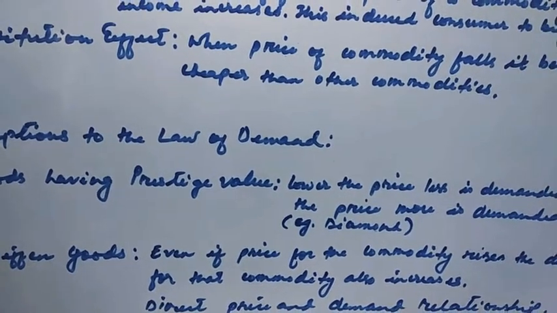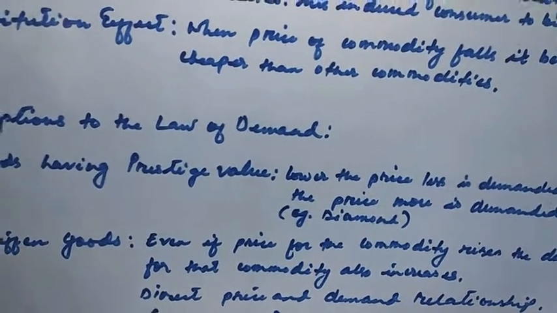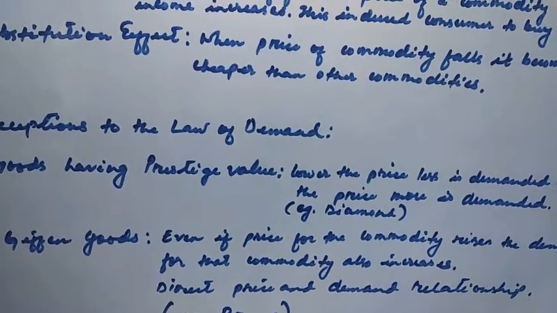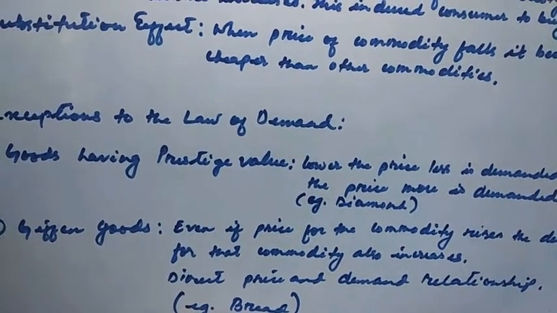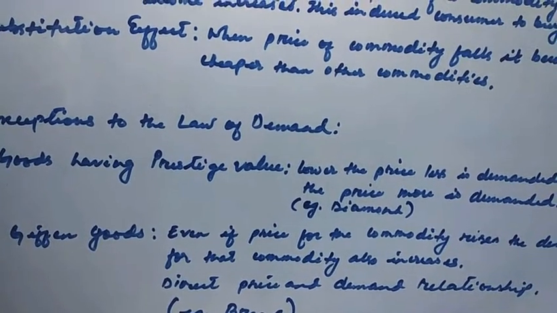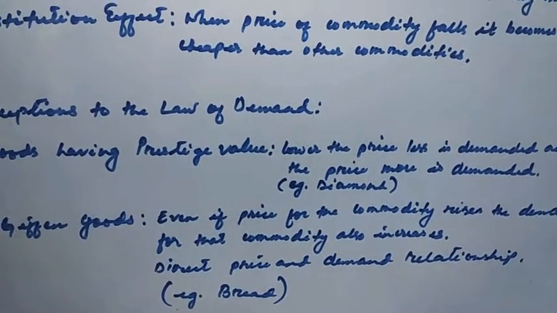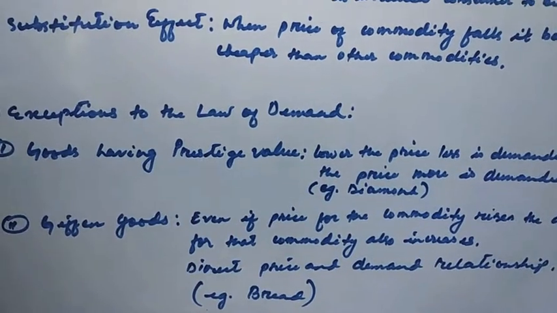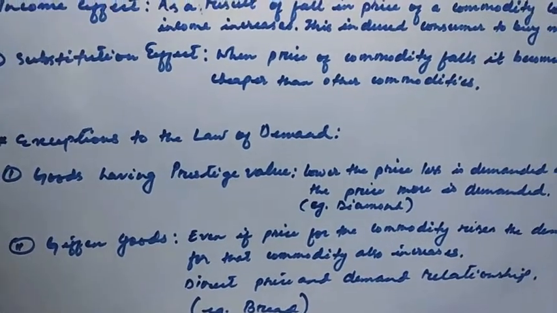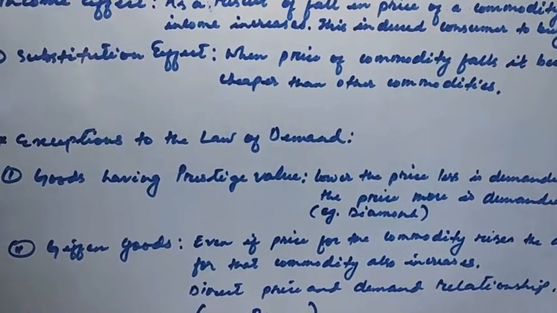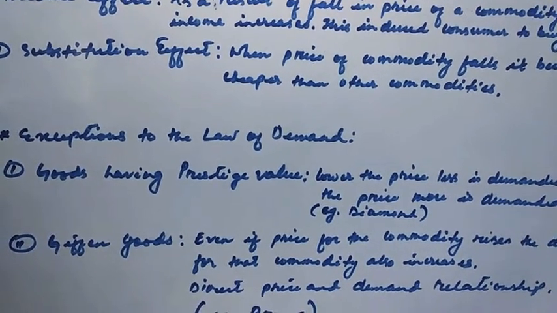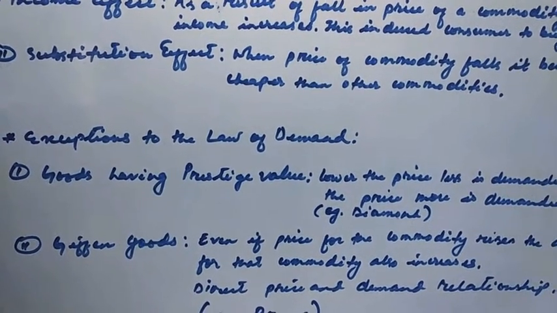So diamond is often given as an example. When the price of a diamond is very high, that means the utility they derive from the diamond is very high. So when the price of a diamond is high, they will demand more diamonds. And when the price of a diamond goes down, that means the utility of the diamond decreases, so they will demand less.